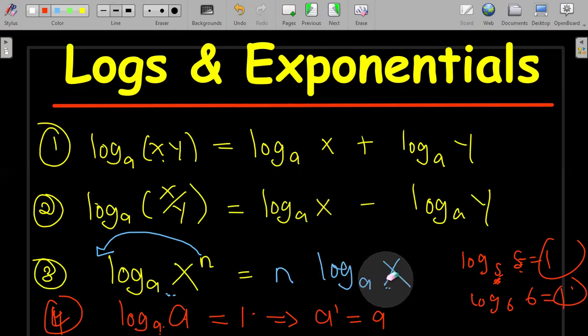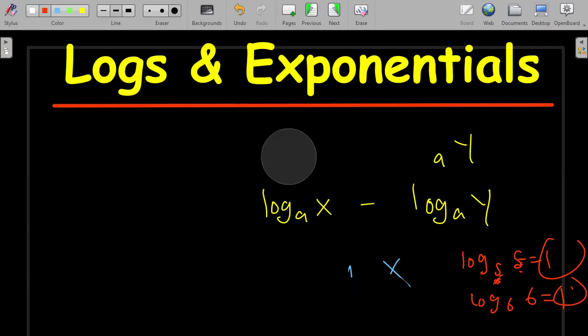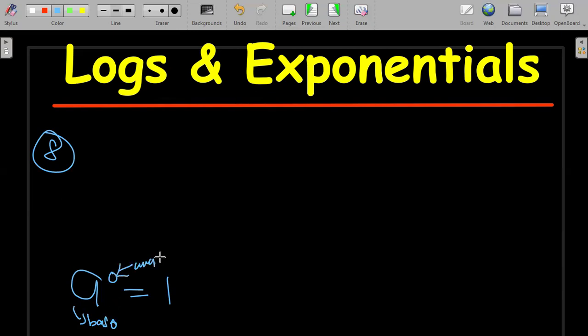The fifth one is when I have a to the power 0. This is just equal to 1. So the base was a, base to the power answer is equal to what is in the middle.